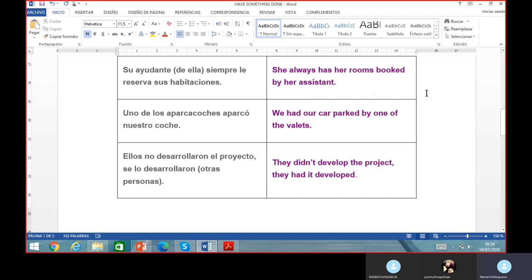Okay, so you understand that in Spanish this is not a passive.